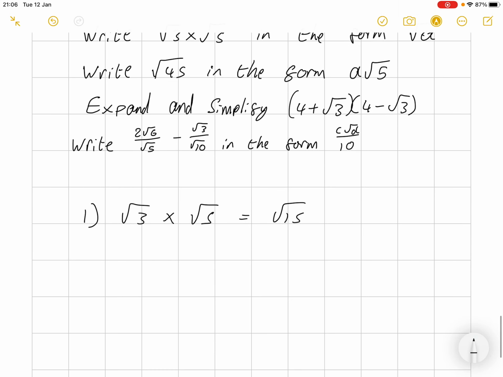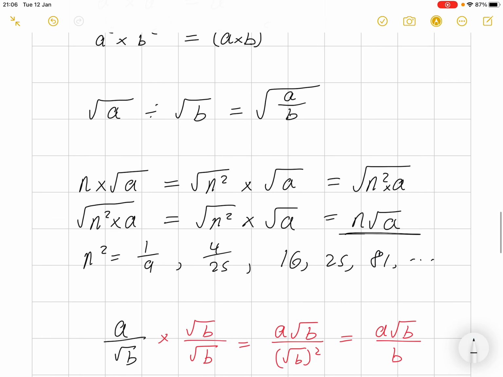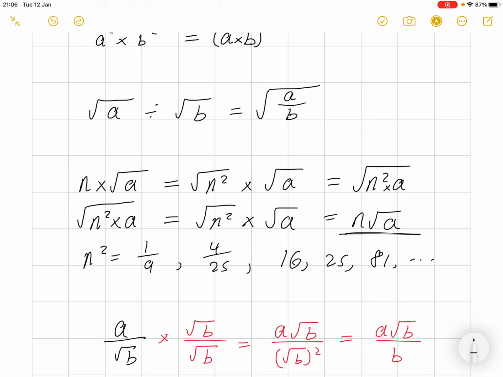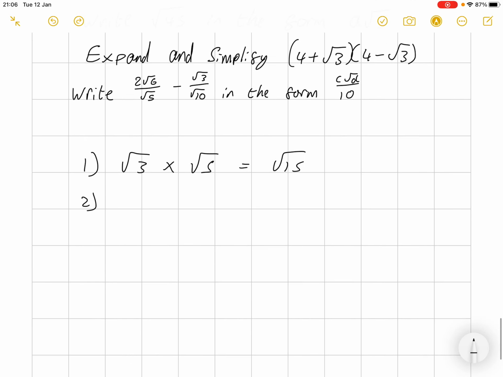Well, for this, we need to utilize our third surd rule here. So in this case, the square root of a is equal to the square root of 5. So what we're looking for is something which is obviously a square number times 5 gives us 45.